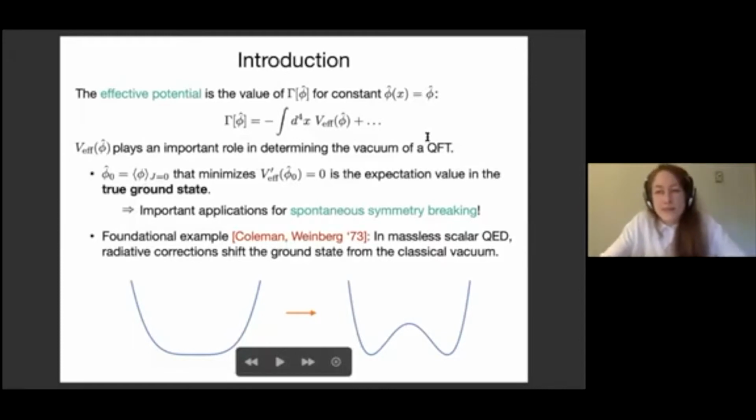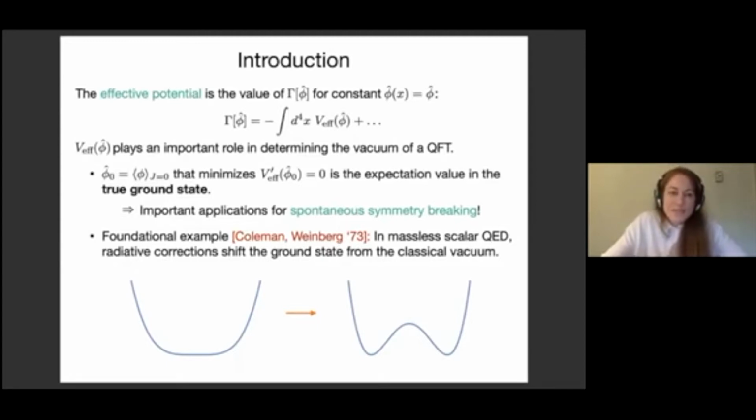The effective potential plays an important role, as we know, in determining the quantum corrected vacuum of a quantum field theory. In particular, the value of the background field that minimizes the effective potential is the expectation value in the true ground state.